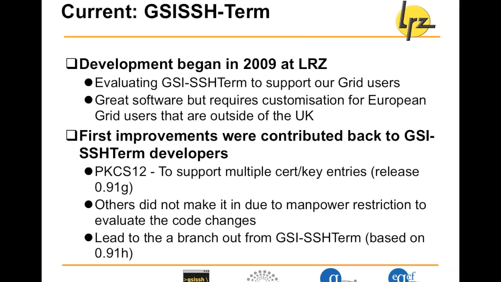However, other improvements did not make it due to the manpower restriction that I mentioned earlier, since they do not have sufficient manpower to evaluate the code changes. Ultimately, it leads to a branch out from GSI-SSHTerm based on 0.91H.